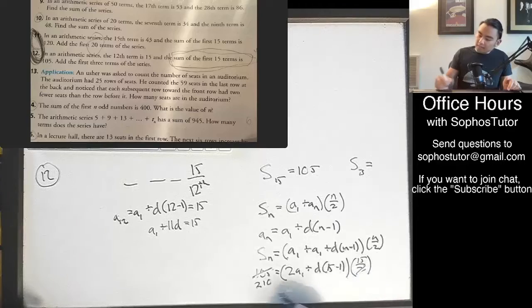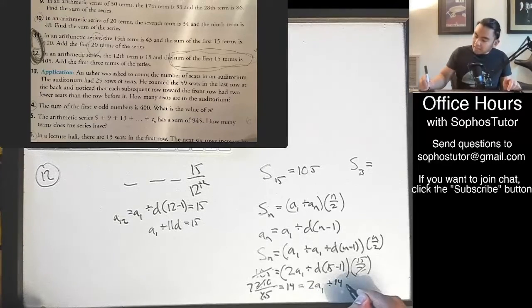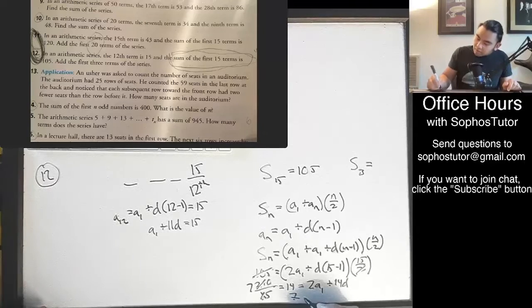Now if we divide this by 15, we'll divide 3 into 15, that gets to the 5, and this becomes 70. 70 divided by 5 is equal to 14. Make sure I did that right. Yeah, 14, right? So this 14 has to equal 2 a sub 1 plus 14d. We can reduce this by dividing this whole thing by 2. So we get 7 is equal to a sub 1 plus 7d.